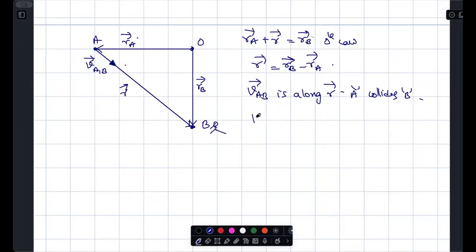Simple. If VAB bar cross R bar, magnitude wise, is 0. When is that 0? When sin theta is 0. When is sin theta 0? When the angle is 0. If this condition is satisfied, VAB bar is along R bar and A will collide with B.